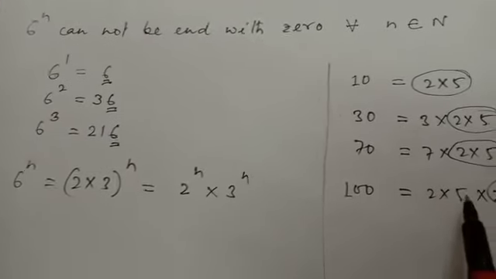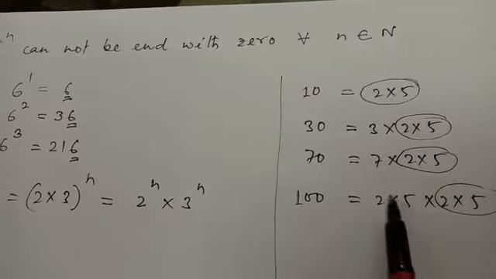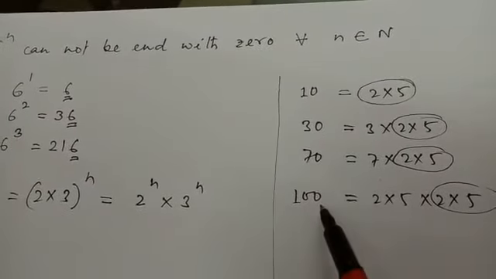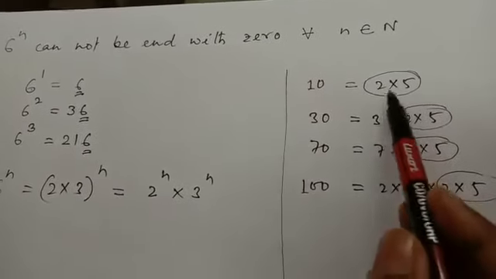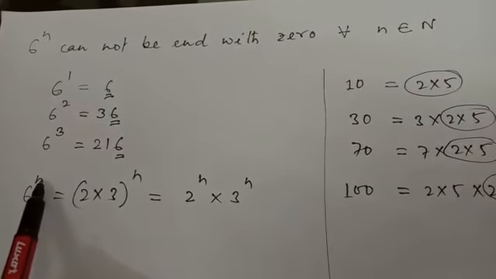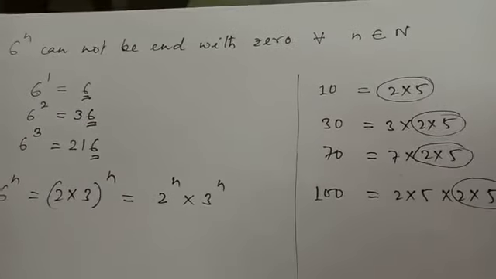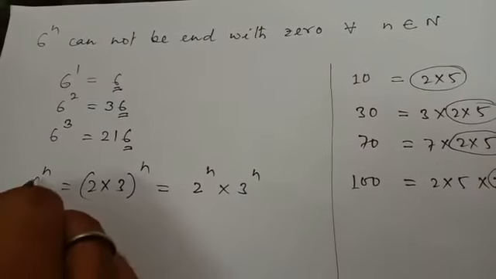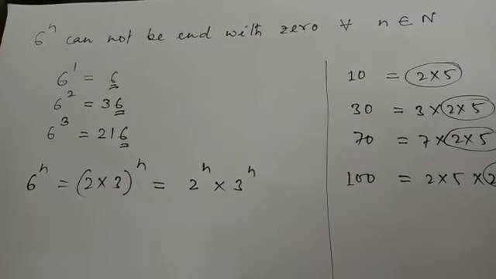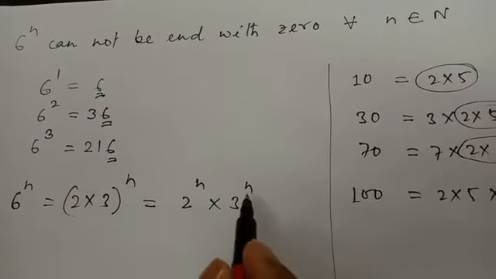But by these examples, it is clear that any number which ends with 0 should have at least two prime factors, 2 and 5. But in 6 to the power n, we have only 2 and 3. So 5 is missing here. Therefore 6 to the power n cannot end with 0 for any natural number n.